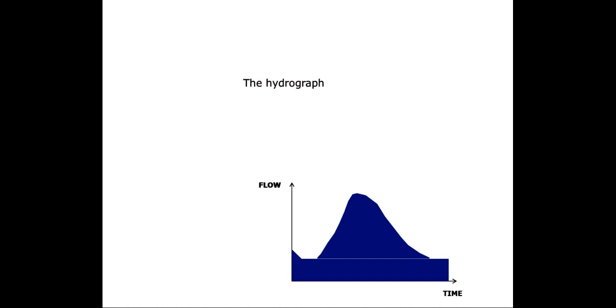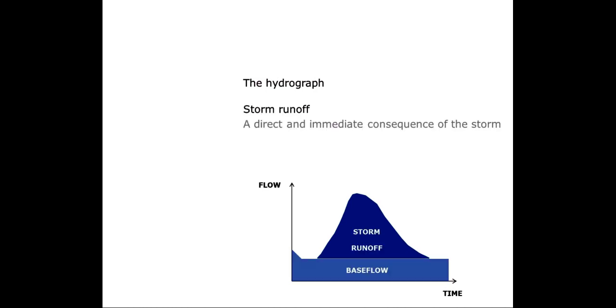What we are also interested in very often is the hydrograph. This is a representation of flow at a certain location in the catchment that evolves during time. Now, we are actually more interested in one part of this hydrograph, namely the storm runoff. And this storm runoff is a direct and immediate consequence of the storm.